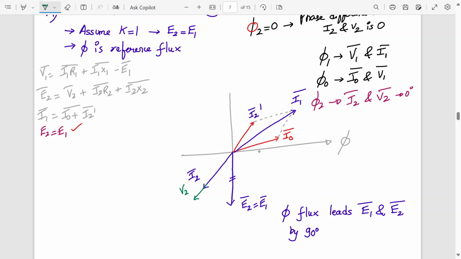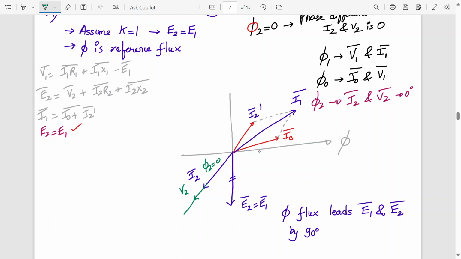Now where will be I2 R2? I2 will be on the same line, right? V into I into R, that will be the voltage drop, which will have no phase shift. So this is phi 2, which will equal 0.